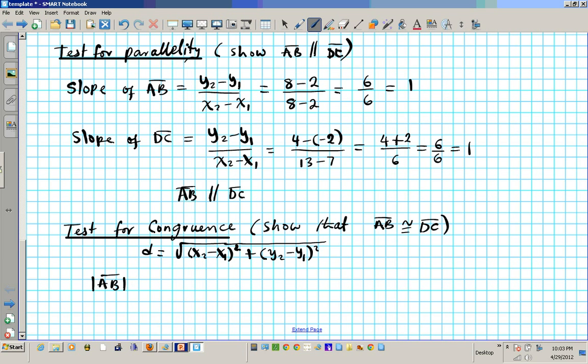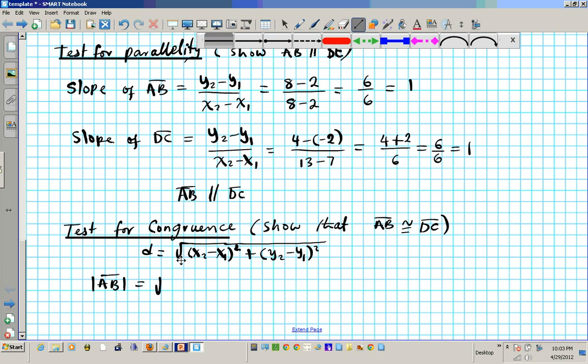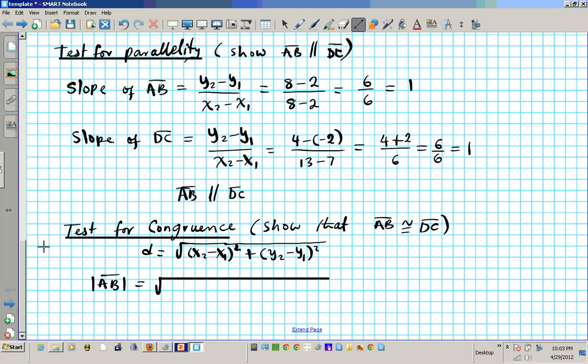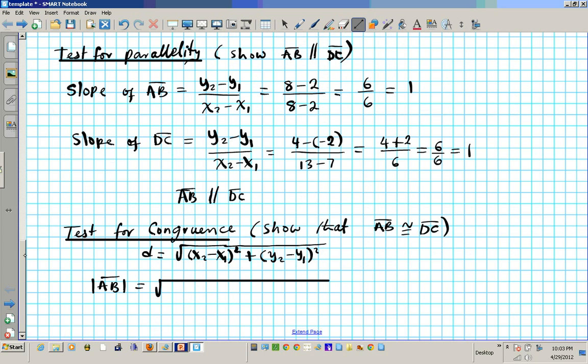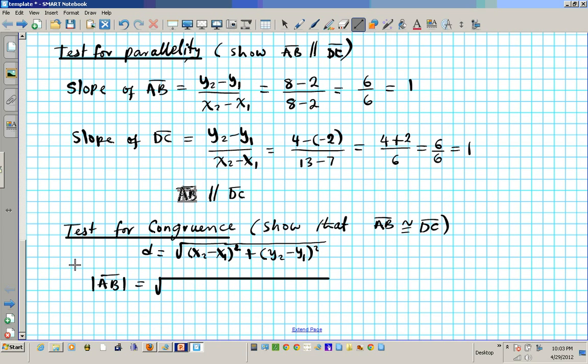That means the length of segment AB is going to be the square root of the difference between the x's and the y's. Okay? So if you look at your graph, we want to subtract the x's, and then we're going to subtract the y's. So for this one, x2 minus x1 is going to be 8 minus 2 squared for the x's, and then for the y's it's going to be the same thing, 8 minus 2 squared.